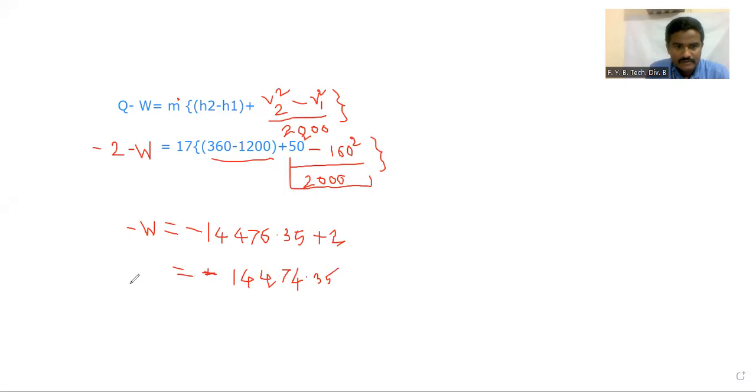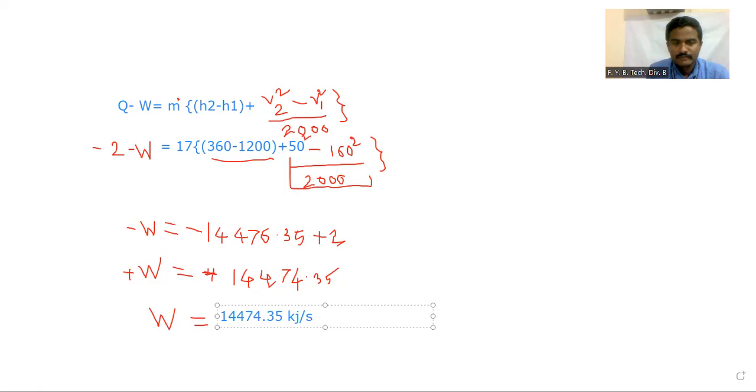Okay. So on the left side also minus. So minus gets cancelled. Finally W is equal to 1,474.35 kilojoule per second.